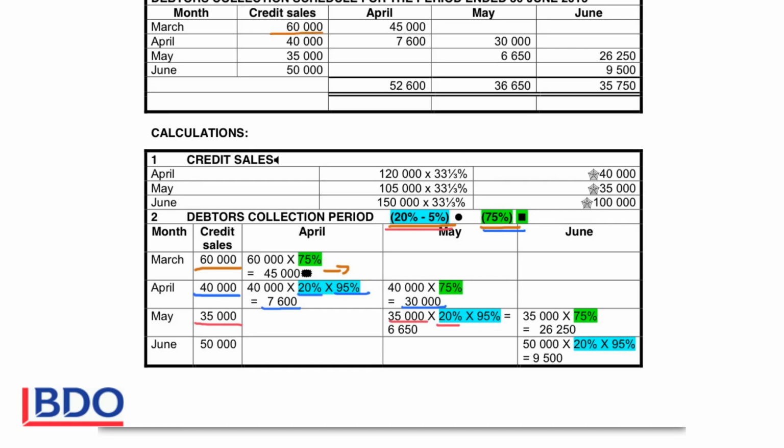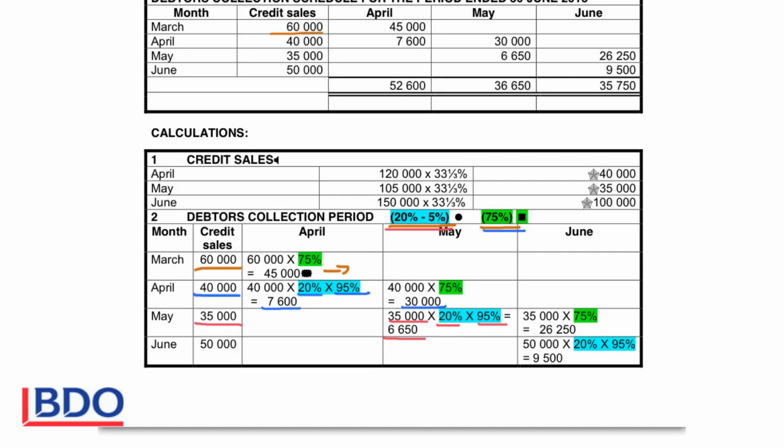On the 7,000, I will deduct 5% to determine what is the actual amount that I receive from them, and that will give me 6,650. Or you can say, of the 35,000, we will receive 20%, but because we give a 5% discount, we will only receive 95% of the total amount.